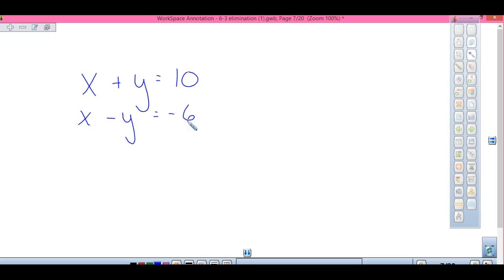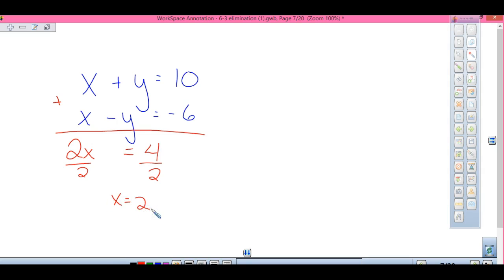Okay, so now what do I do with my two equations? I add them together. So x plus x is 2x. What happens with my y's? Those cancel, equals 4. So now we divide by 2. X equals, oh good, 2 again.